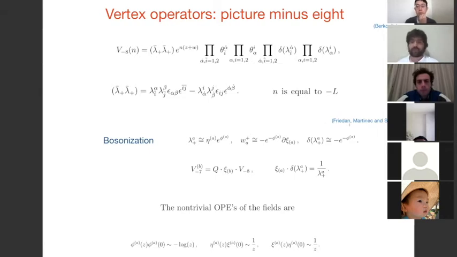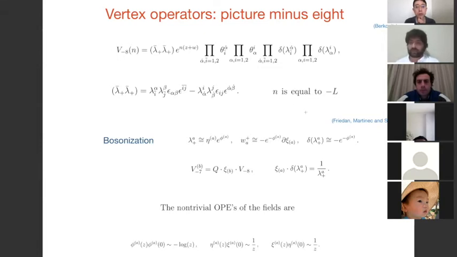And then you can use the traditional bosonization to define this operator delta here. And the picture of the vertex will be the number of deltas. So basically you have 8 deltas here, so you have a picture -8, right?